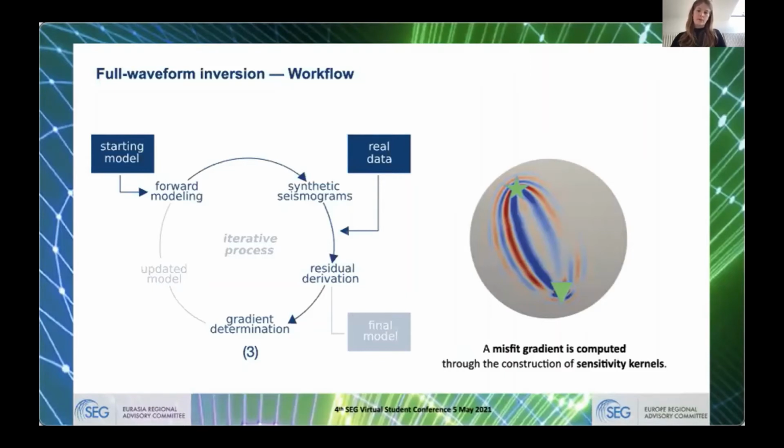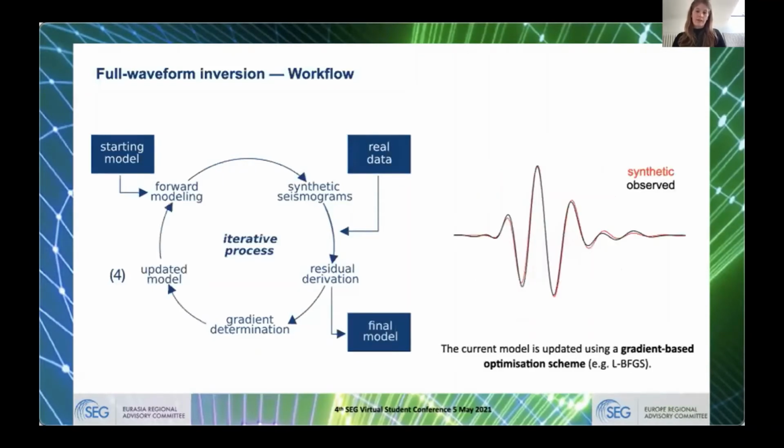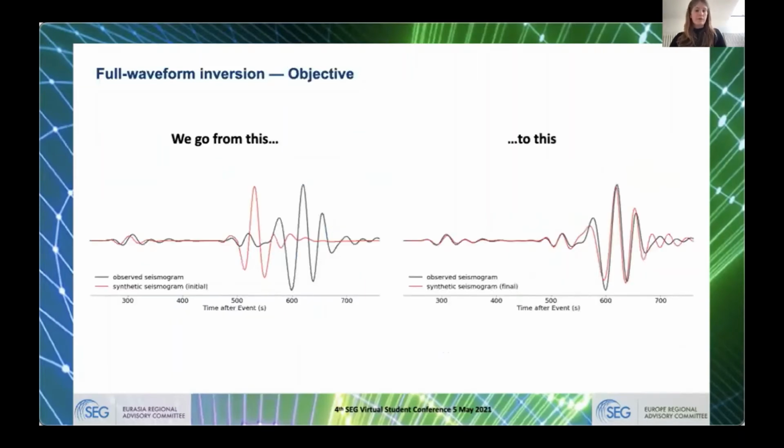And this tells us which parts of the model we should update in order to decrease the misfit between the waveforms. The model is then updated using a gradient-based optimization scheme, such as conjugate gradient or LBFGS, and this process is iterated until some predefined criterion is fulfilled. Or, to cut a long story short, we go from this to this, and spoiler alert, this is actually one of the Indonesian stations I'm using.